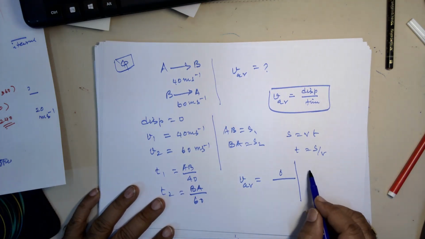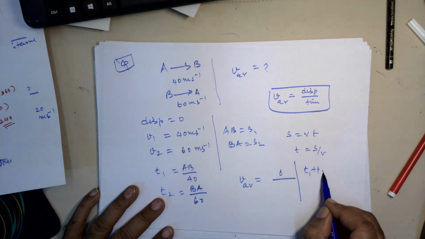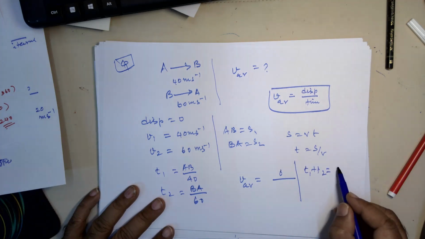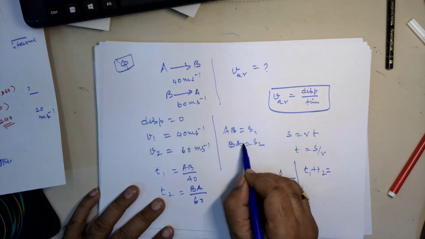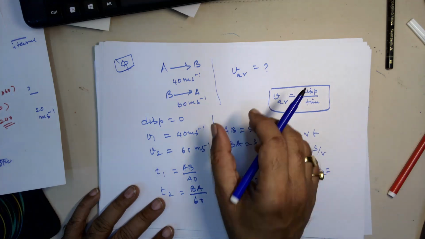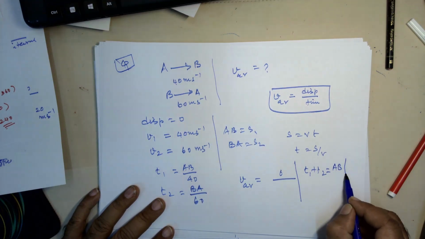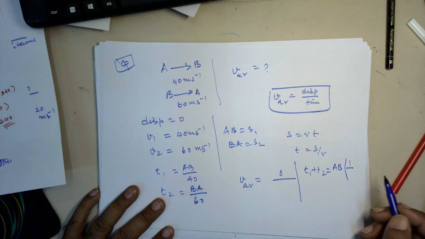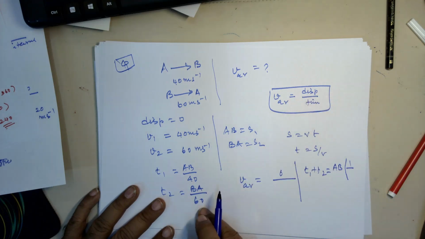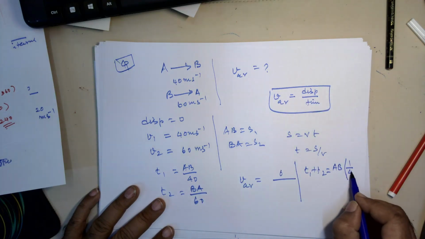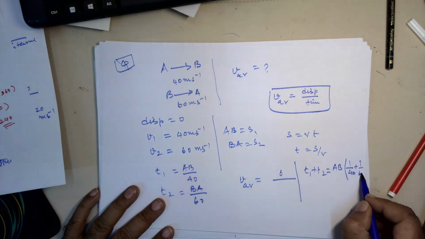So T1 plus T2 is equal to, whether it is AB or BA, I am maintaining this as a distance. So AB, let me take outside the bracket, times 1 by 40 plus 1 by 60.